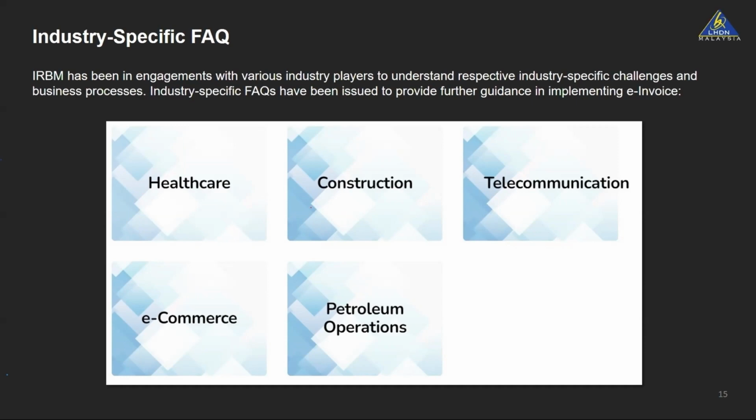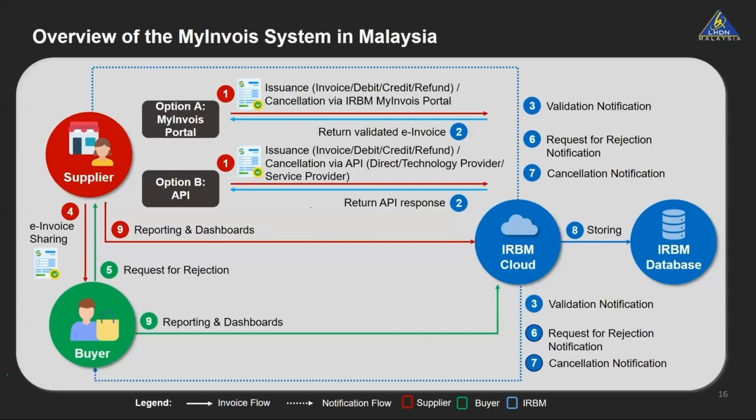Before we take a short break, we will go through the My Invoice system in the next slide. This is the overview of the e-invoice workflow, My Invoice portal. The flow will start from the initial point of sales until the issuance of the e-invoice between supplier, buyer, and LHDN.